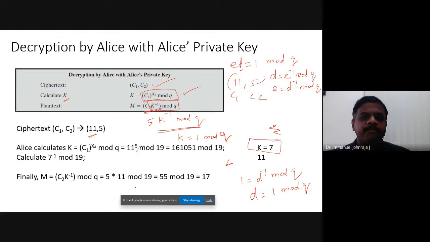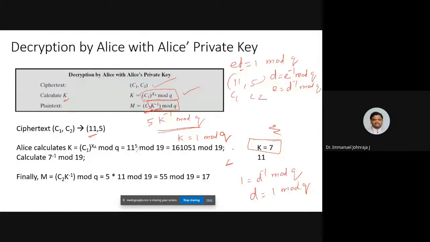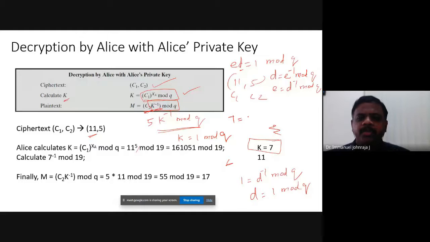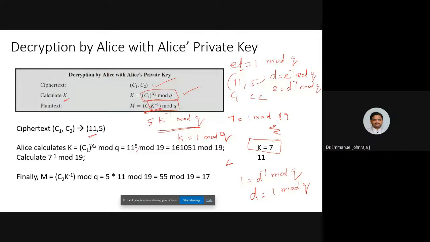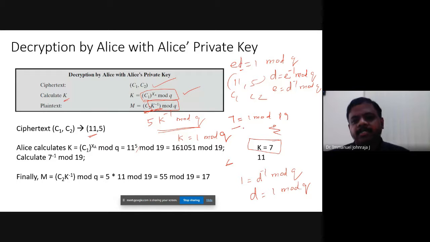So how can we do that? What's the value of K? It is 7, and q value is 19. Now you should find out what should be multiplied with 7 so that the result mod 19 will be 1. If you take 1, you have 7 mod 19, the answer will be 7. If you take 2, 2 times 7 is 14 mod 19, you'll have 14. 3 times 7 is 21, mod 19 will be 2.